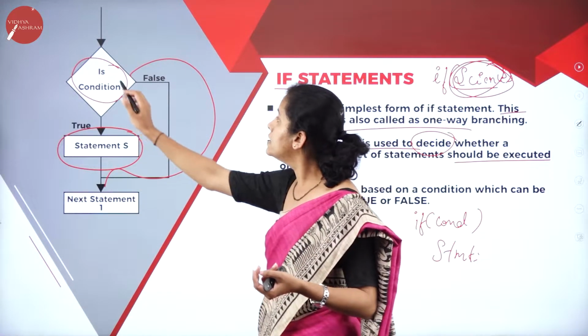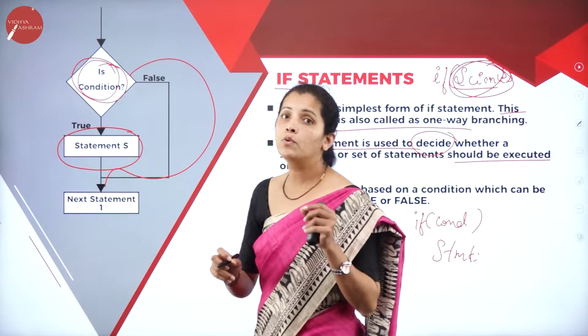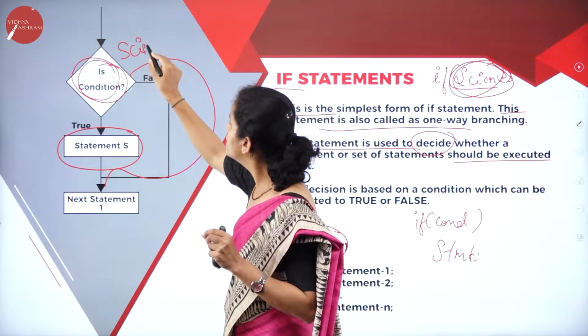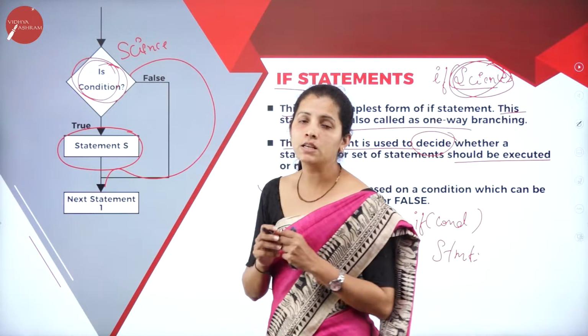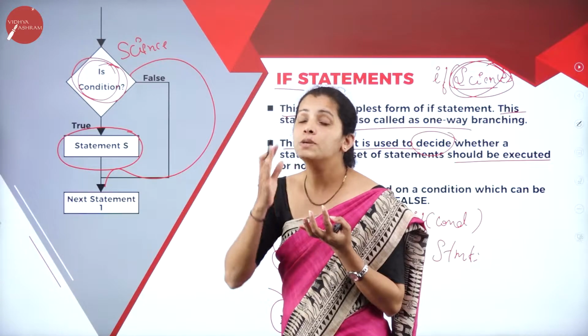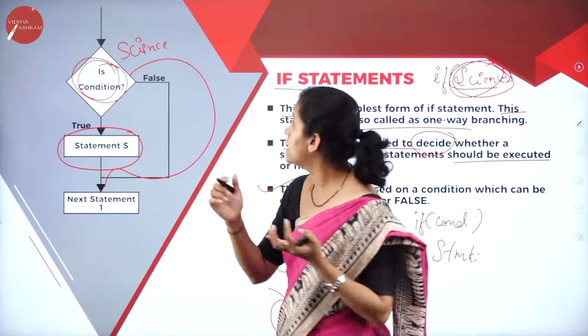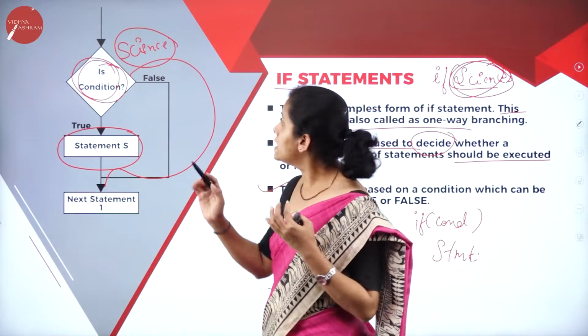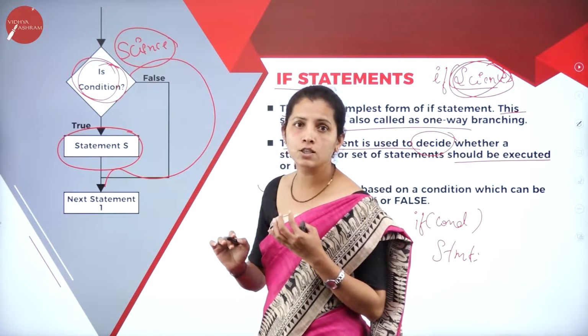So here, instead of condition, I'm going to write science. Okay, this is my condition. That means I want to join science. That means what is the specialization I'm willing to take? That is science. Then I started searching science college.